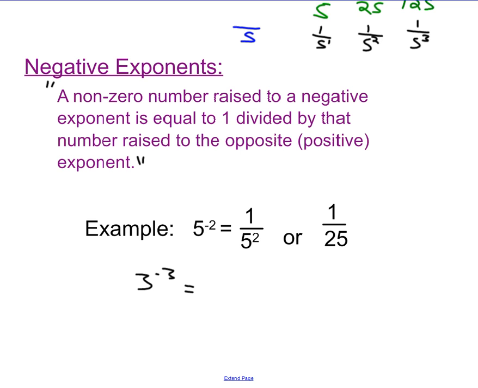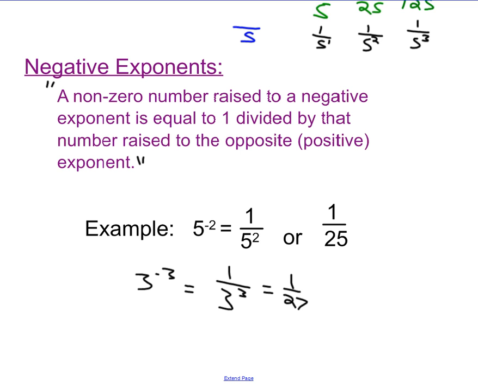That's equal to 1 divided by 3 to the positive third power. So essentially, since we don't really want to work with negative exponents, to make it a positive exponent, which we know how to work with easily, you just put it on the bottom of a fraction. And if there's no fraction to begin with, you just put 1 on the top, which would be equal to 1 over 27, I think.